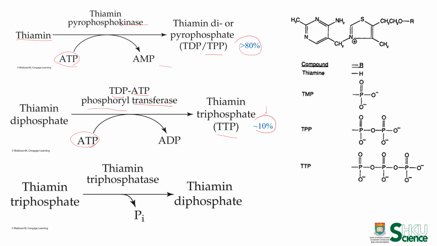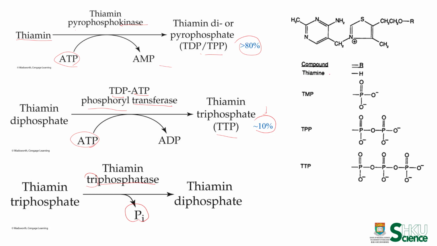To get TDP back from TTP, you need to strip off one phosphate from the TTP, and to do this you use a phosphatase. The enzyme involved is called thiamine triphosphatase because it strips off a phosphate from the triphosphate.